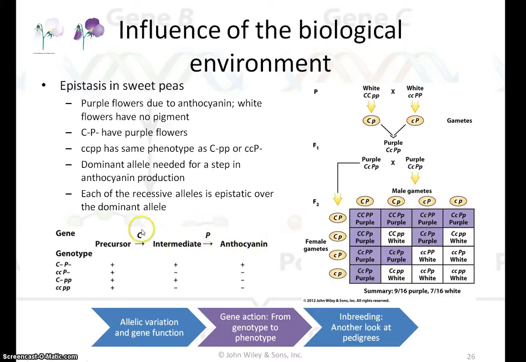So as long as you have a C and a P, these dominant alleles, you can make anthocyanin. However, if either one of these is missing, whether you are homozygous recessive for the P allele or for the C allele, or both, either way you cannot get that final product, and you will end up with white flowers.